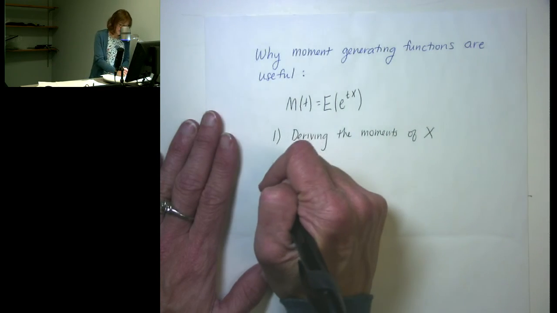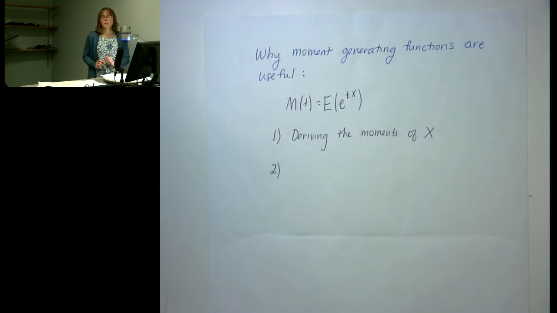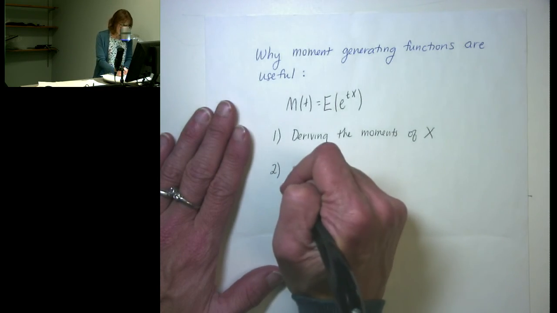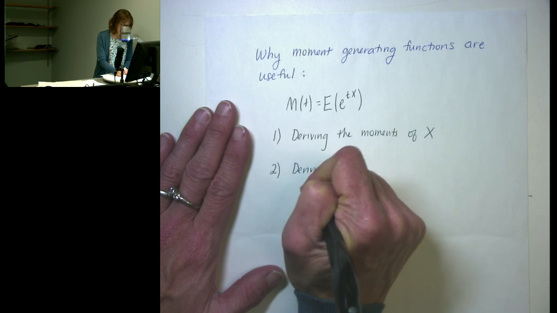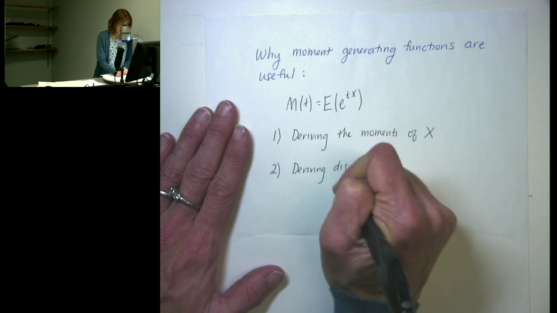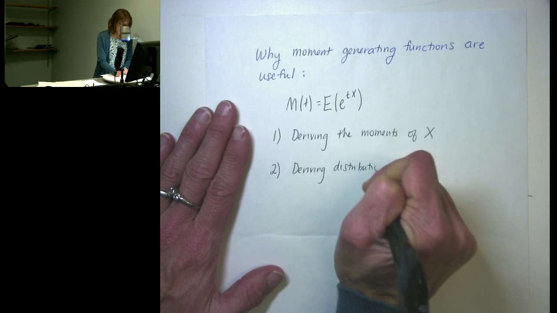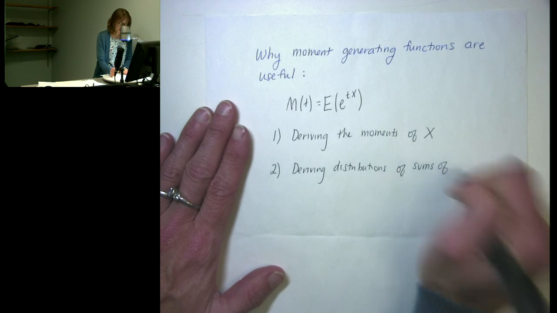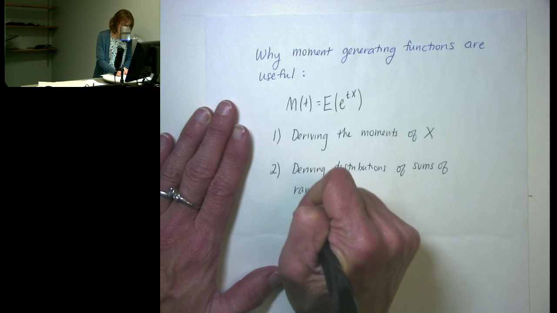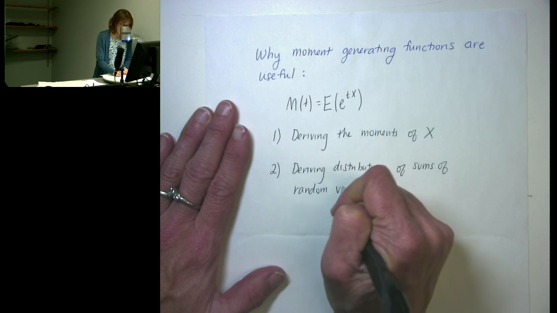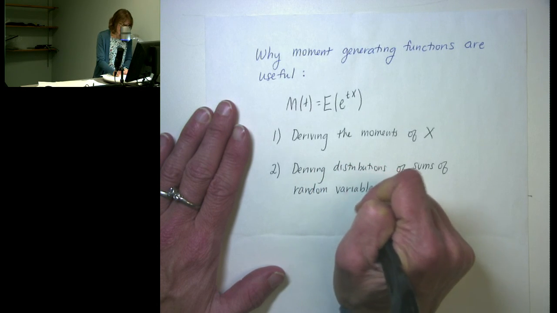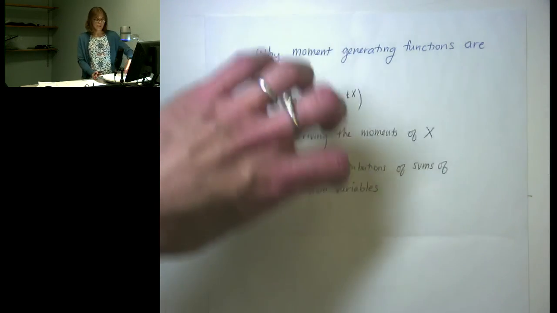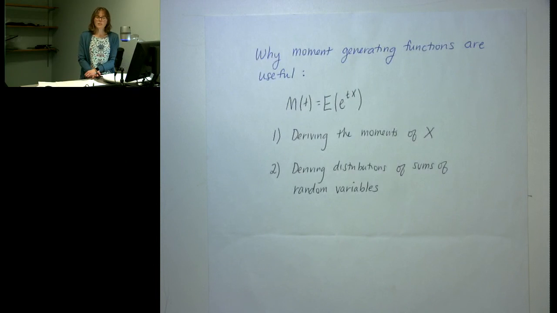The other way that we're going to see as we go forward in this unit is that they're also extremely helpful for deriving distributions of sums of random variables. And really, it's this piece that we're going to take big advantage of in this module.